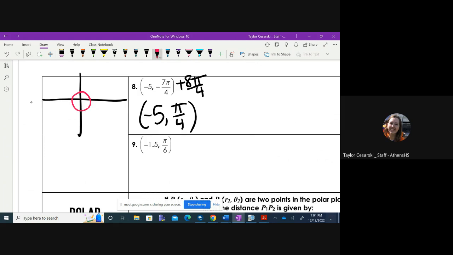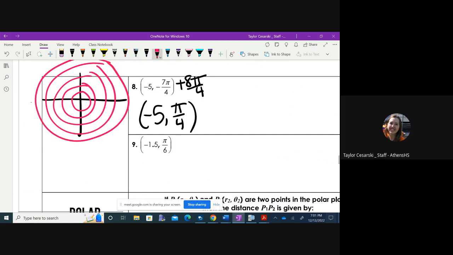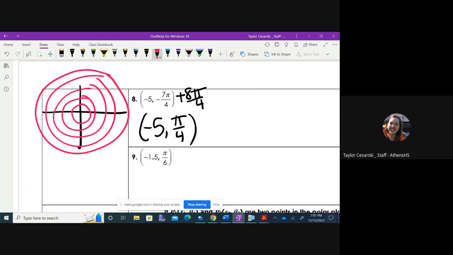Now, towards pi over 4, we know that's right here, but this one says take 5 steps backwards. So the point I'm actually talking about is right here on my circle. Facing pi over 4 and negative 7 pi over 4 are the same angle, but take 5 steps backwards. 1, 2, 3, 4, and 5. That's the point I want.